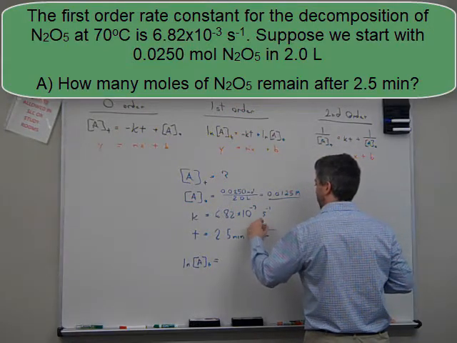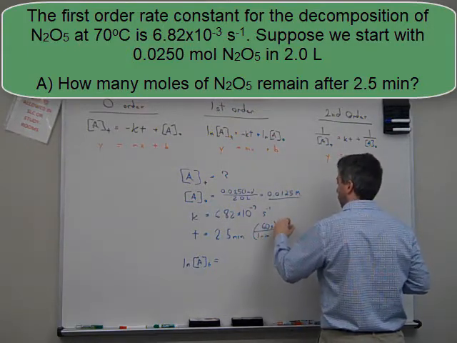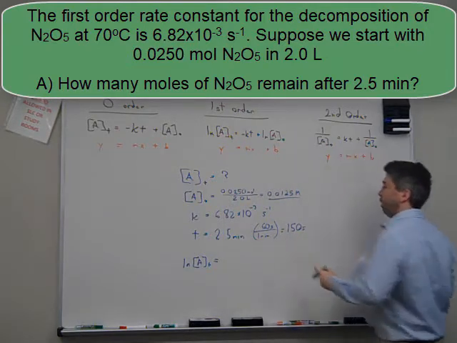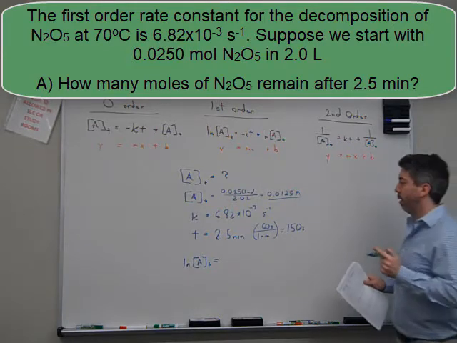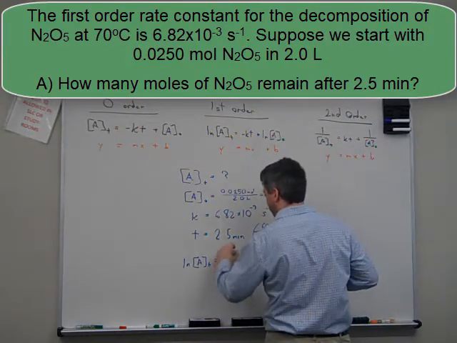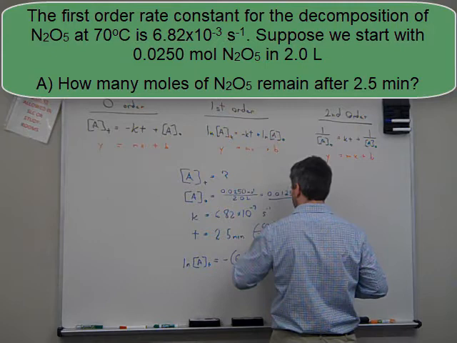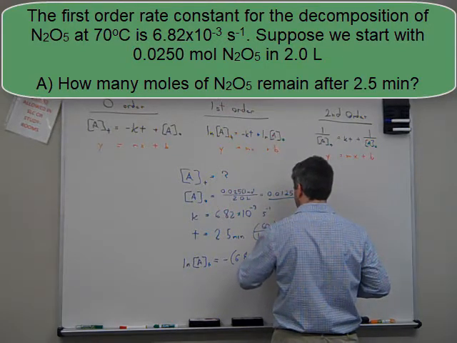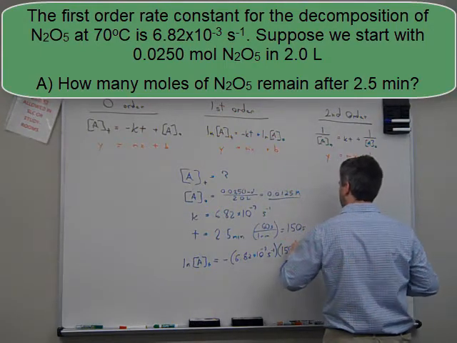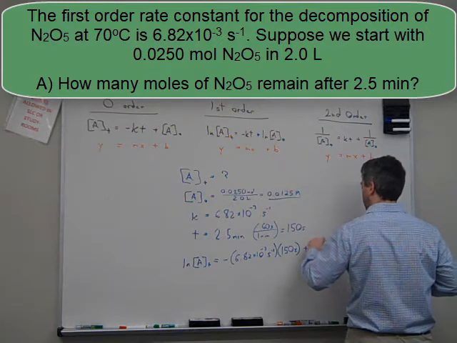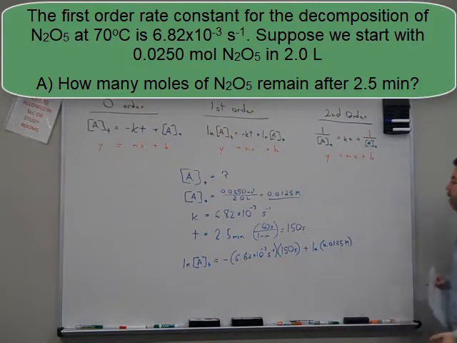1 min is equal to 60 seconds. And that's going to give me, let's see, 150 seconds. So, 2.5 times 60, that'll be 150. So now I can go ahead and use this equation. Negative k is 6.82 times 10 to the negative third, seconds to the negative 1, times 150 seconds plus the natural log of 0.0125 molarity.